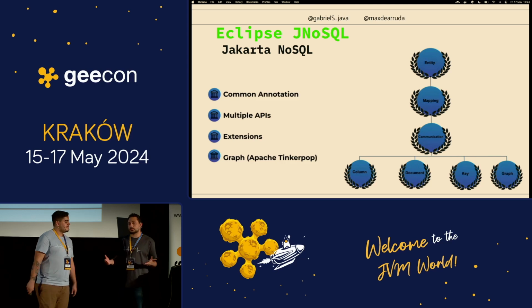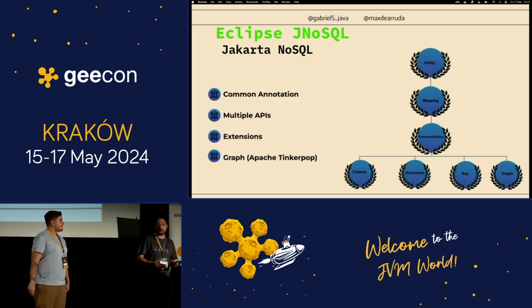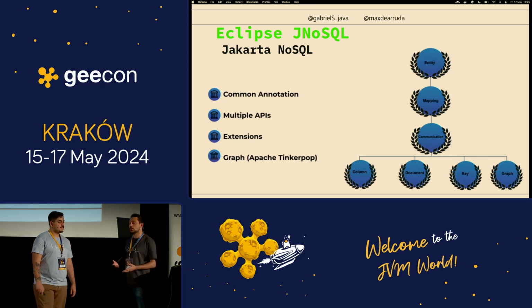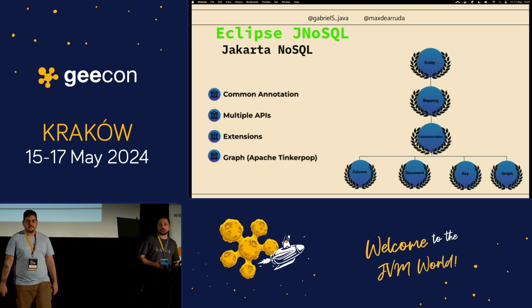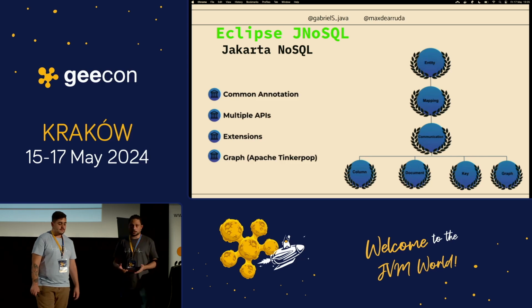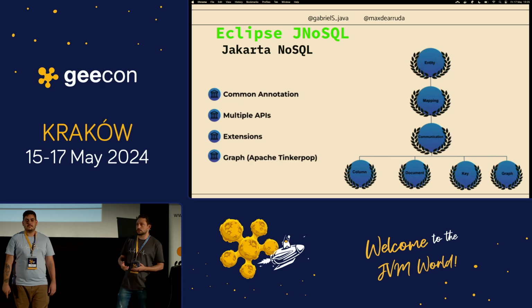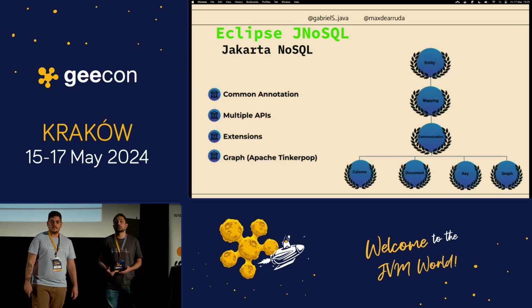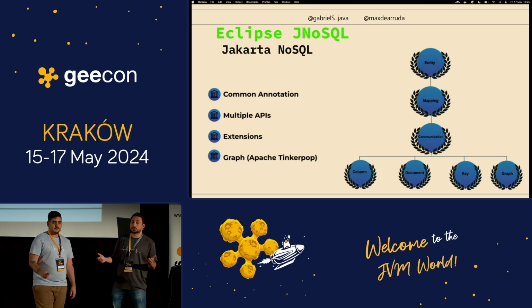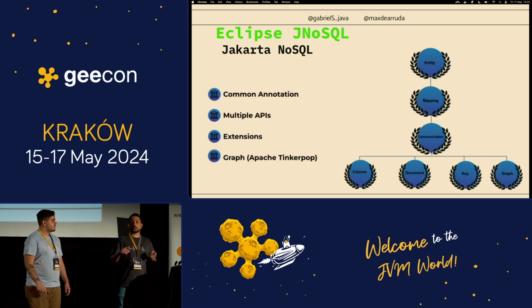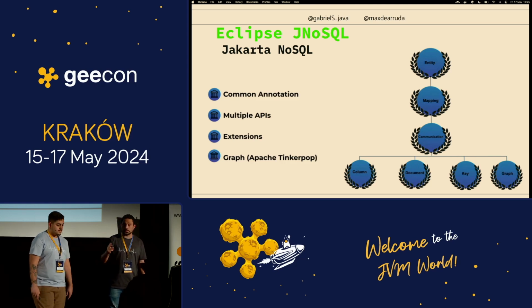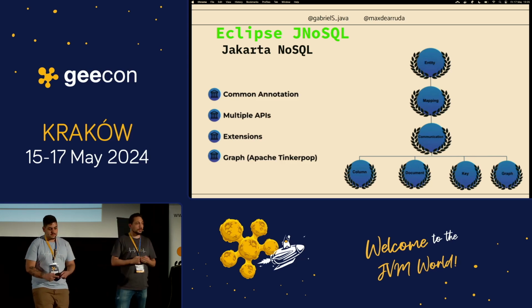Well, behind the scenes, what's happening? As with any kind of vendor, vendors have the freedom to provide any kind of features. For example, Eclipse NoSQL also provides common annotations that focus on Jakarta NoSQL, and provides multiple APIs so that we can use a specific API from the vendor. For example, if you want to use MongoDB, you can get that from them. It also provides extensions, but different from Jakarta NoSQL, because Jakarta only covers three families: key-value, document, and wide column.